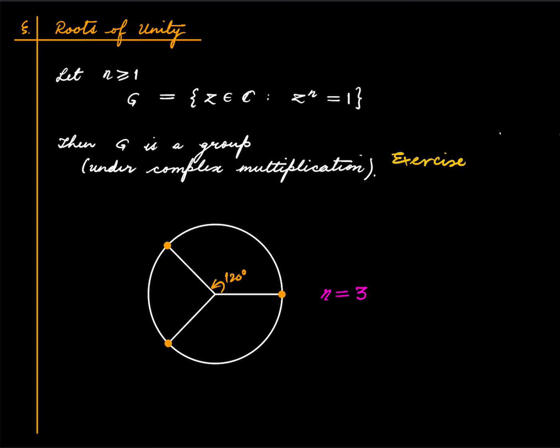One thing you can note is that every element of G lies on the unit circle, because if z to the n equals 1, then mod z to the n is also equal to 1, which implies that the distance from the origin of z is 1. So all of these lie on the unit circle, and for n equals 3, you get 3 points, and this is how they look.